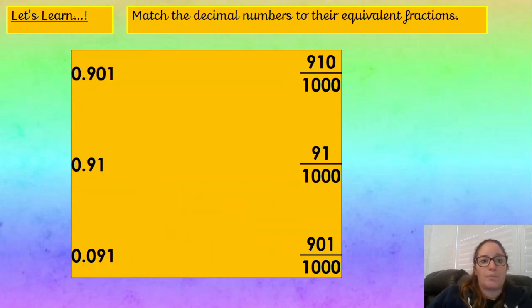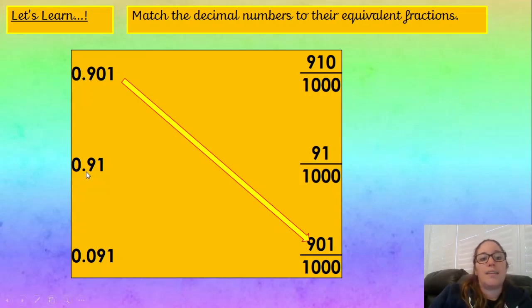Okay, pause the video again, see if you can work this one out, and then come back when you're ready for the answers. So we've got 0.901. Where's that one going to go? Well, we don't need to add 0 at the end because we've already got our thousandths. So we've got our tenths, our hundredths, our thousandths. So 0.901 is 901 thousandths.